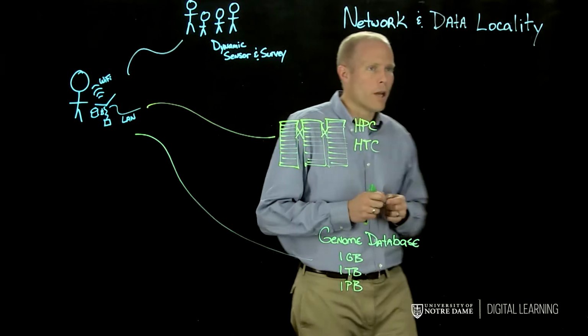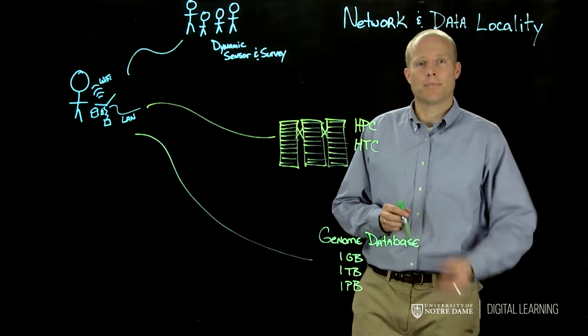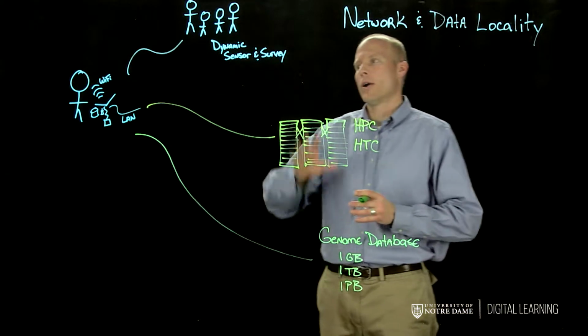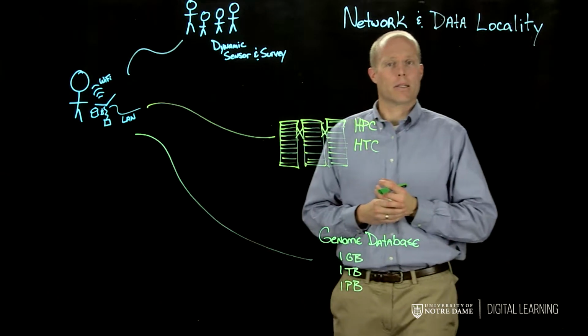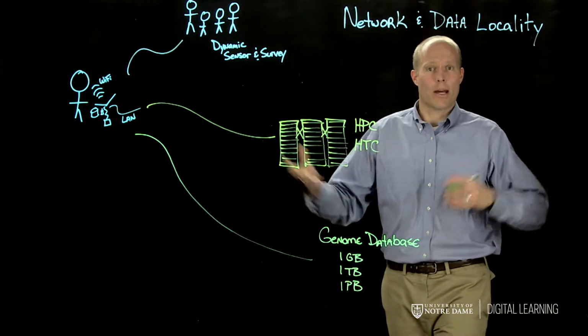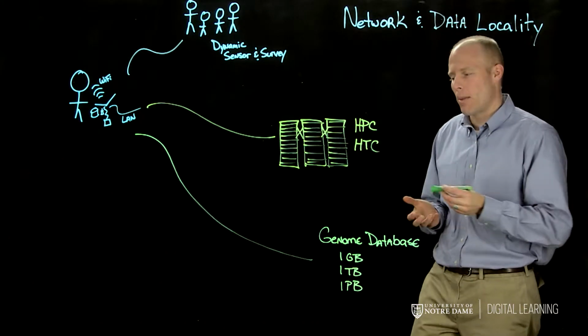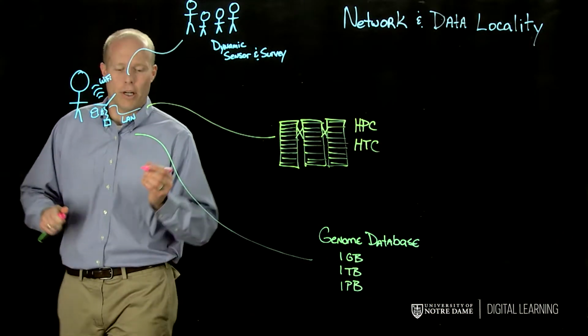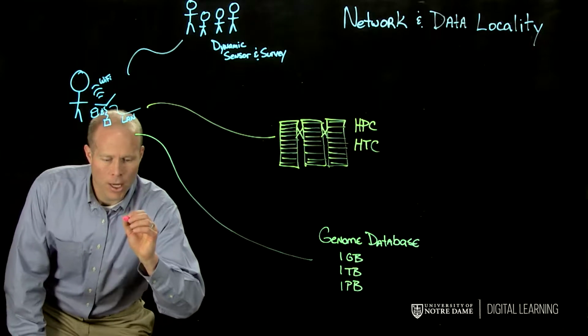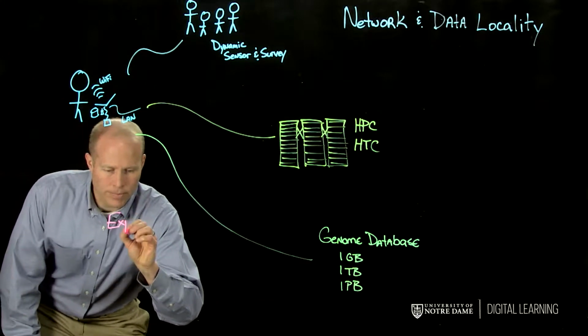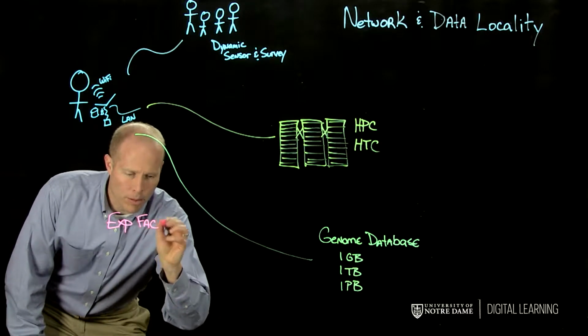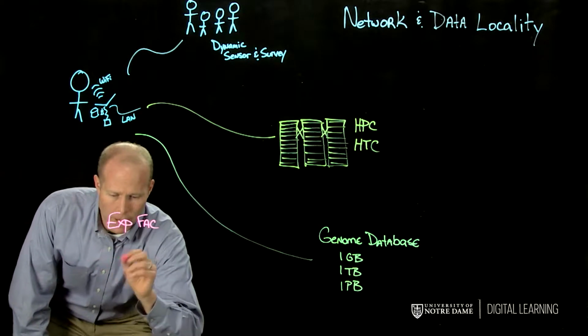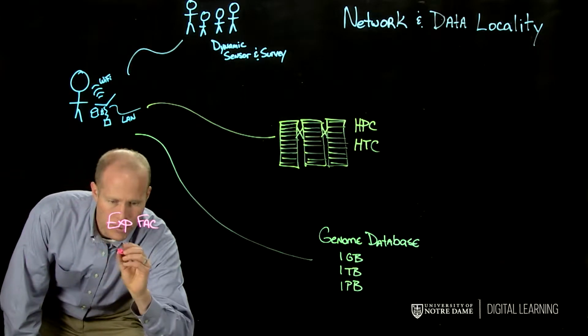And then we'll talk about one other example to get us started here today. What if you are partnering with an experimentalist, or your lab also has an experimental component? You've got experimental equipment that you need to consider moving data on and off of that you're going to compute upon. And so you have an experimental facility. Could be a microscope, could be a high energy physics facility.